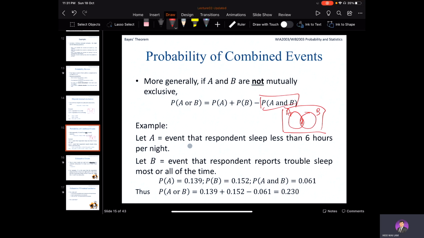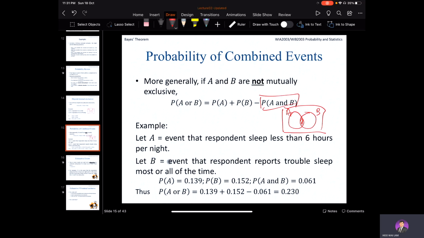So these two are events that can overlap. You are not in a situation where A is the event that the respondent sleeps less than 6 hours and B is the event that the respondent sleeps more than 6 hours. So A and B can happen together.